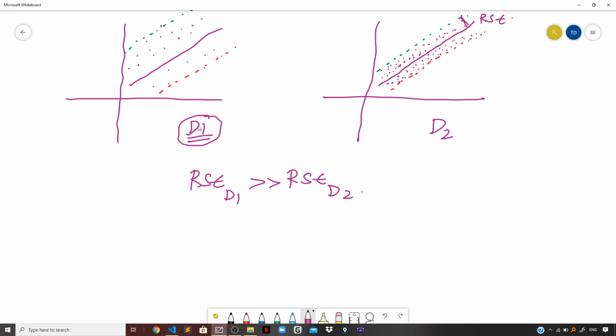Now let us discuss the performance evaluation from the perspective of another metric, which is known as R-square, also known as the coefficient of determination. Let me explain this metric by again making use of the same scatter plots. So consider the same two scatter plots again.